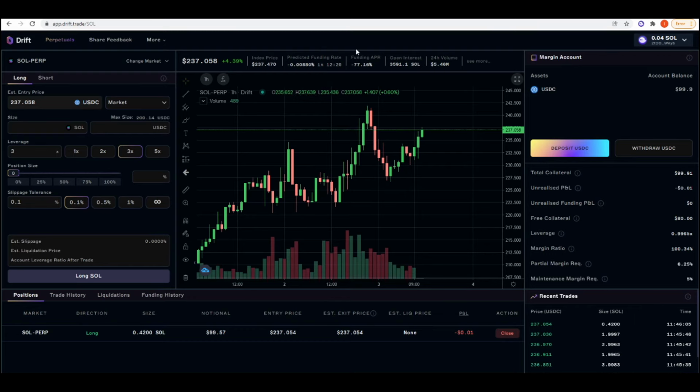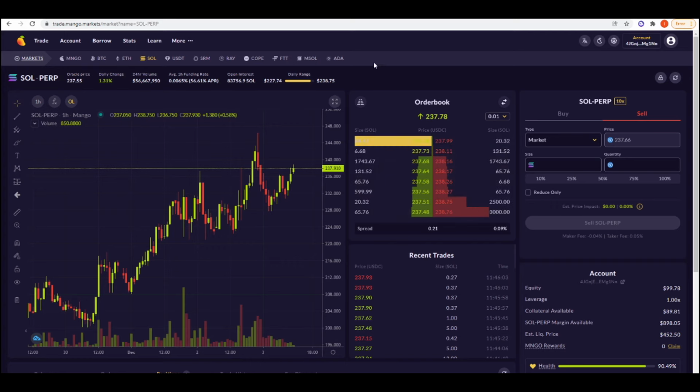But it's changed a bit on Drift already. And as more and more people come onto Drift, that funding rate is going to come closer to actually zero. And that funding rate over time is actually going to come closer to zero as more and more people actually start trading on Drift. So this strategy's life cycle might actually decay over time.